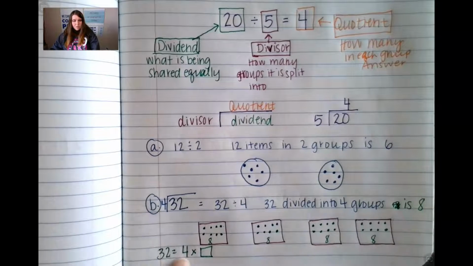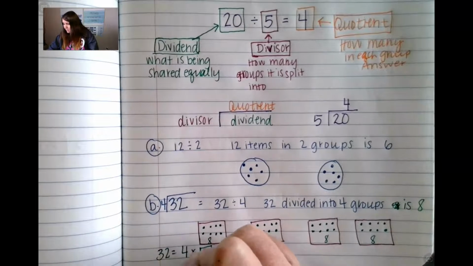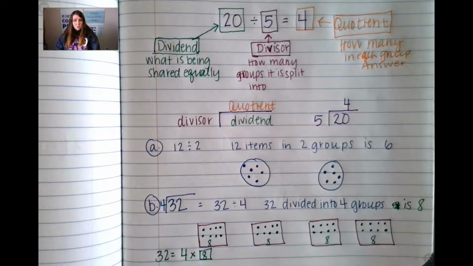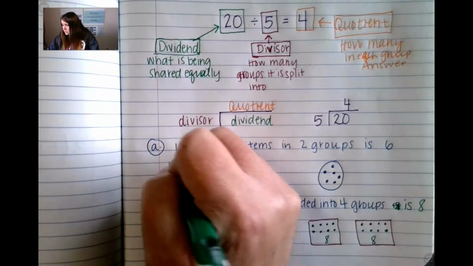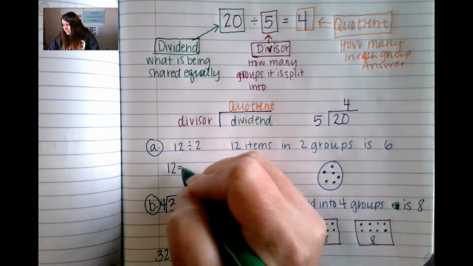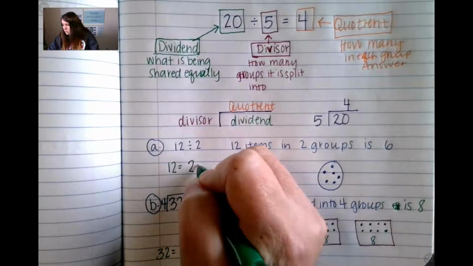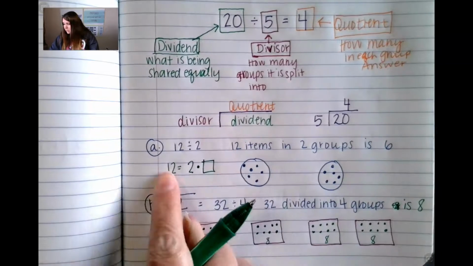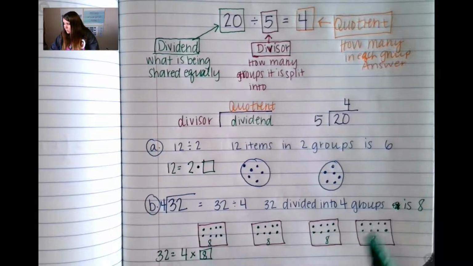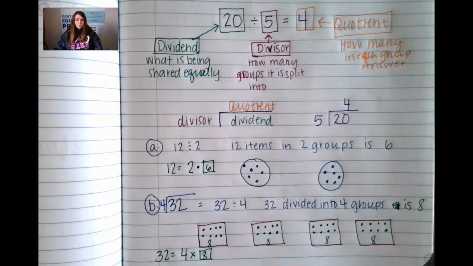Well, I know that 4 times 8 gives me 32, so I can always check myself that way. Same thing up here. If I want 12 to be my equal, 2 times what gives me 12? Well, 6 times 2 gives me 12. It just goes in reverse.